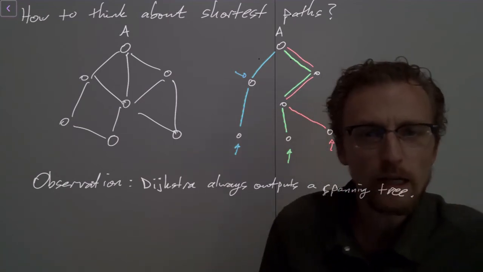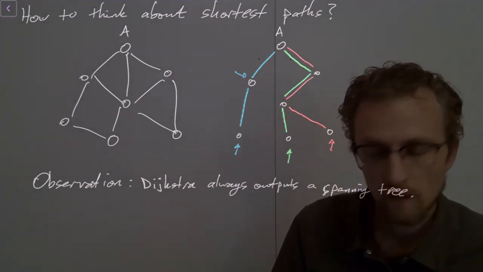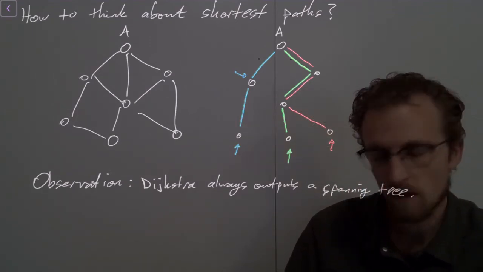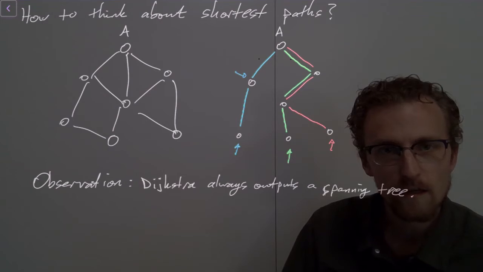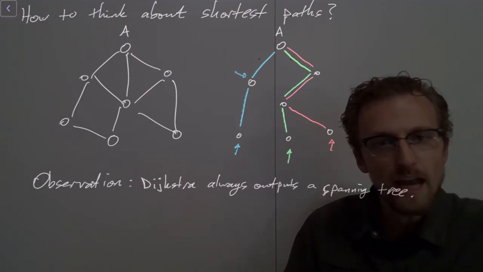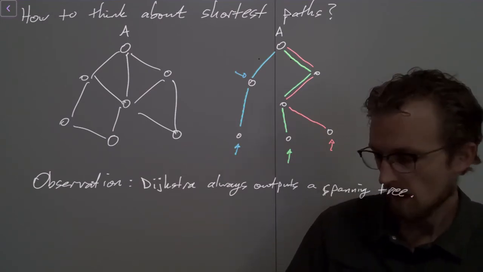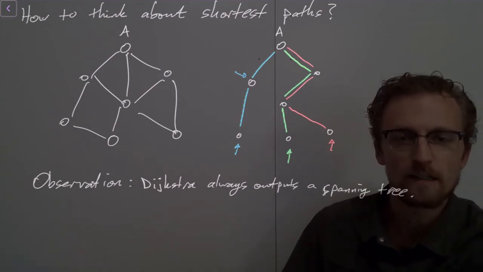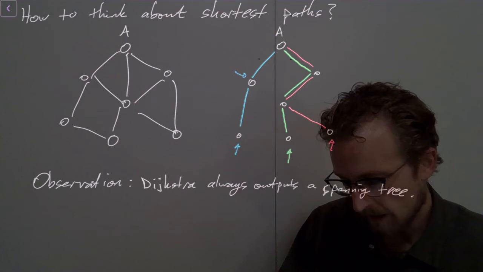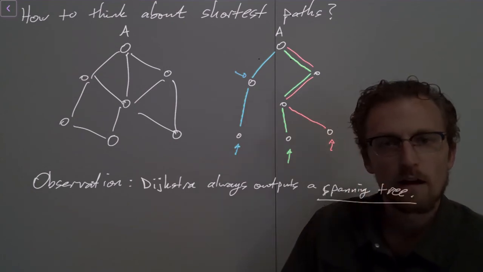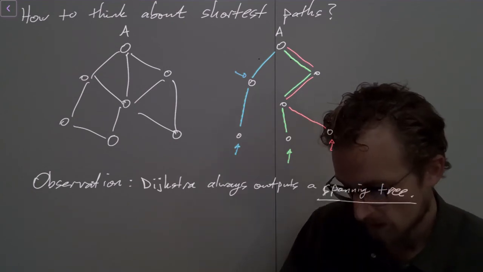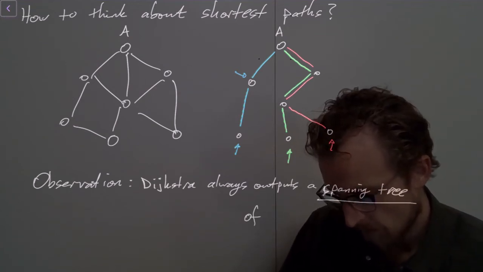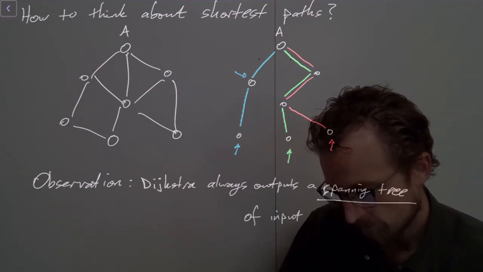Okay, so real quick, it's worth mentioning what is a spanning tree. Well, a spanning tree is just a tree, right, which is an acyclic graph that contains only edges from my original graph, and it contains every node, and every node is connected. Okay, so we can define a spanning tree, and I should say, by the way, a spanning tree of the original graph, of the input graph.